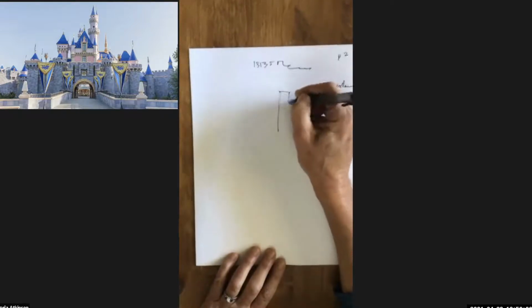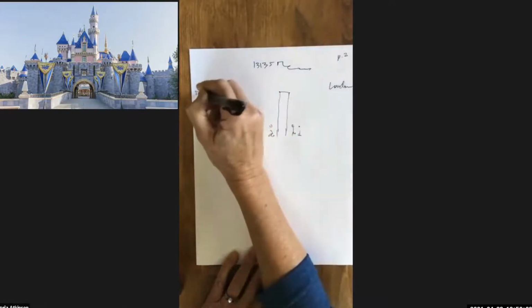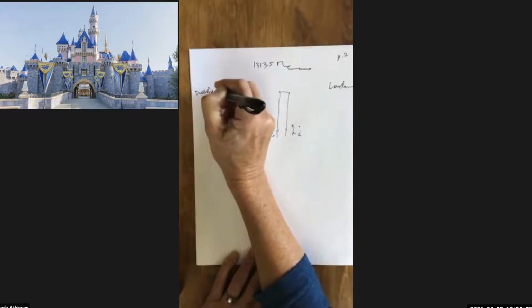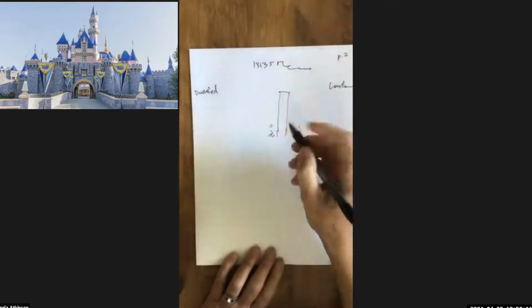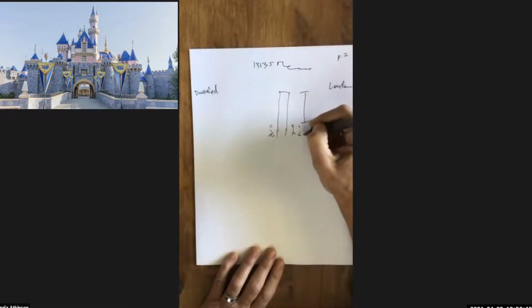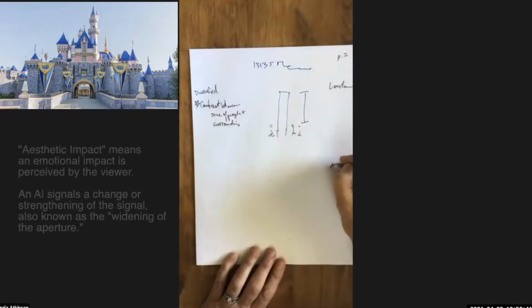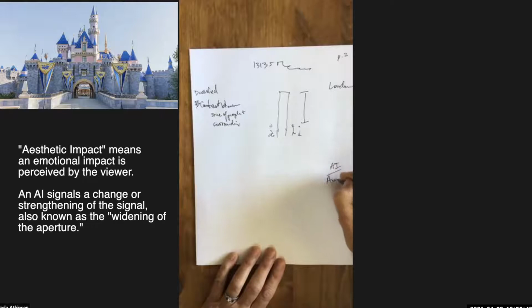Next to these shapes is small children, small people. So they're dwarfed by, so a big difference between beings and their environment. So aesthetic impact of awe, grandeur, wonder.